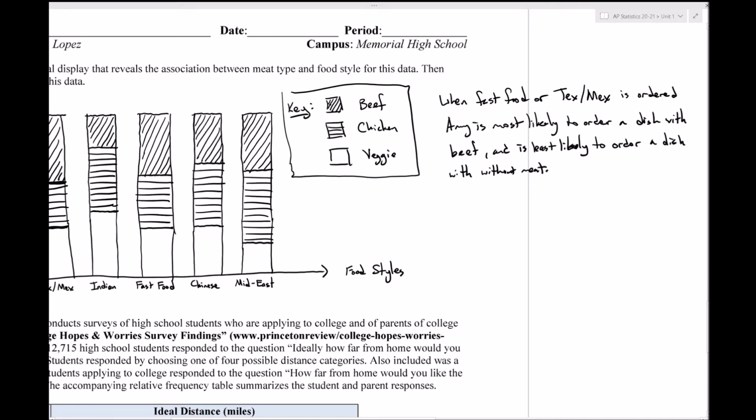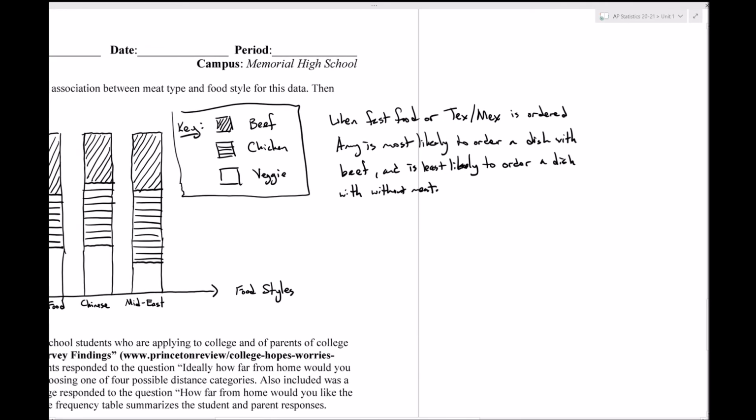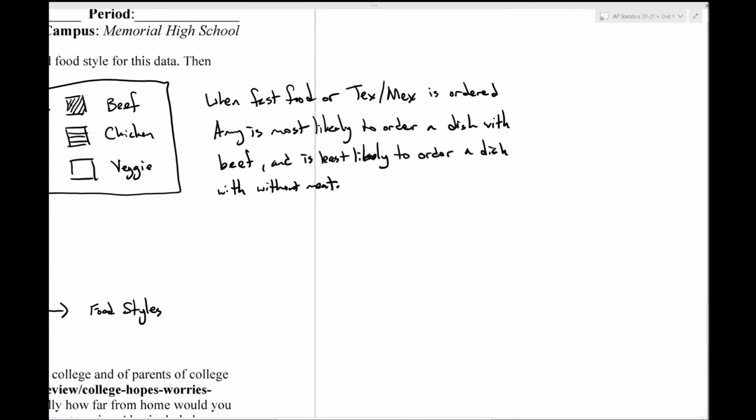So let me read that again because the handwriting's kind of bad. And the faster I write, the uglier it looks, the more chicken scratch-like it is. So when fast food or Tex-Mex is ordered, Amy is most likely to order a dish with beef and is least likely to order a dish without meat.